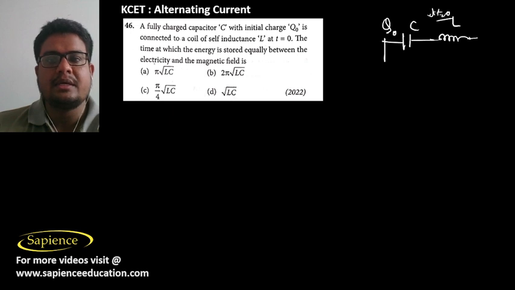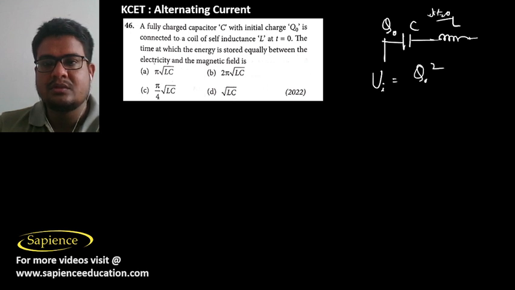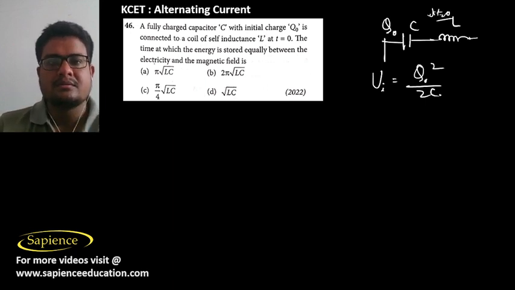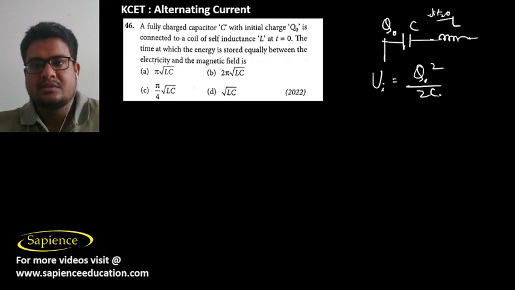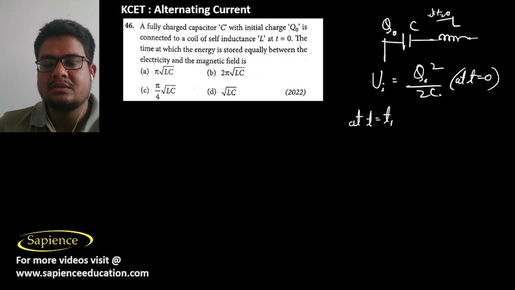So the initial energy stored in the capacitor is Q0 square by 2C. When the energy is stored equally between the electric and the magnetic field, it means that at time t equal to t1, the final energy stored in the capacitor will be half of this energy.